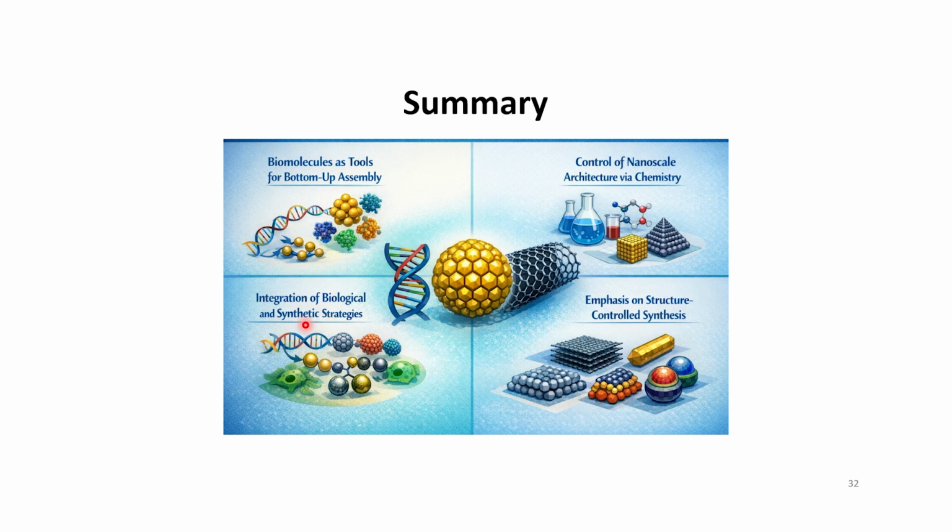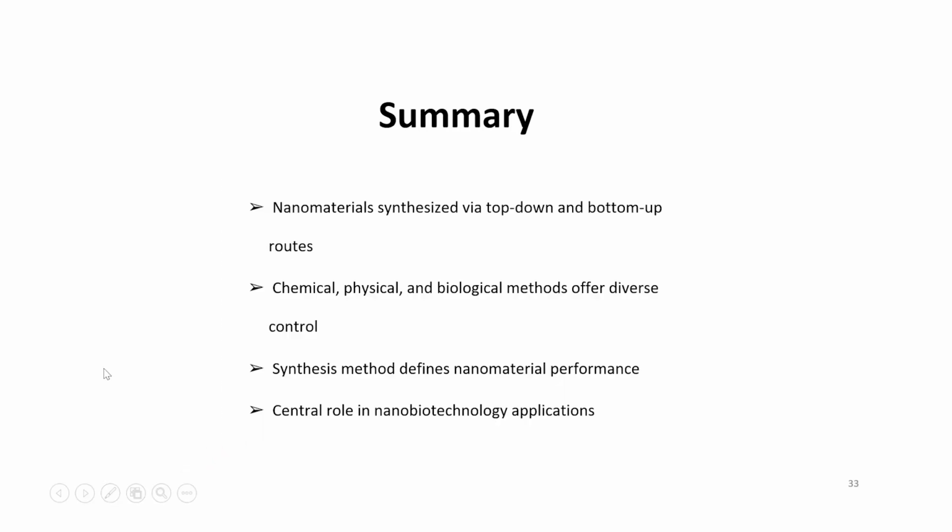You are integrating biological and synthetic strategies. Then the emphasis is on structure controlled synthesis. Nanomaterials can be synthesized via top down and bottom up routes. Thank you for listening.